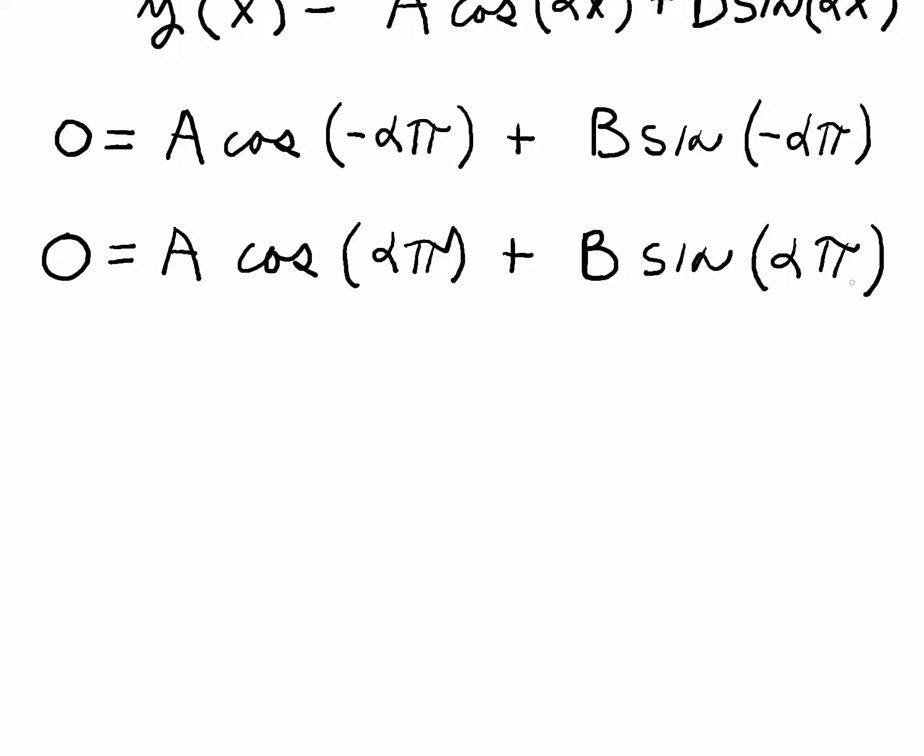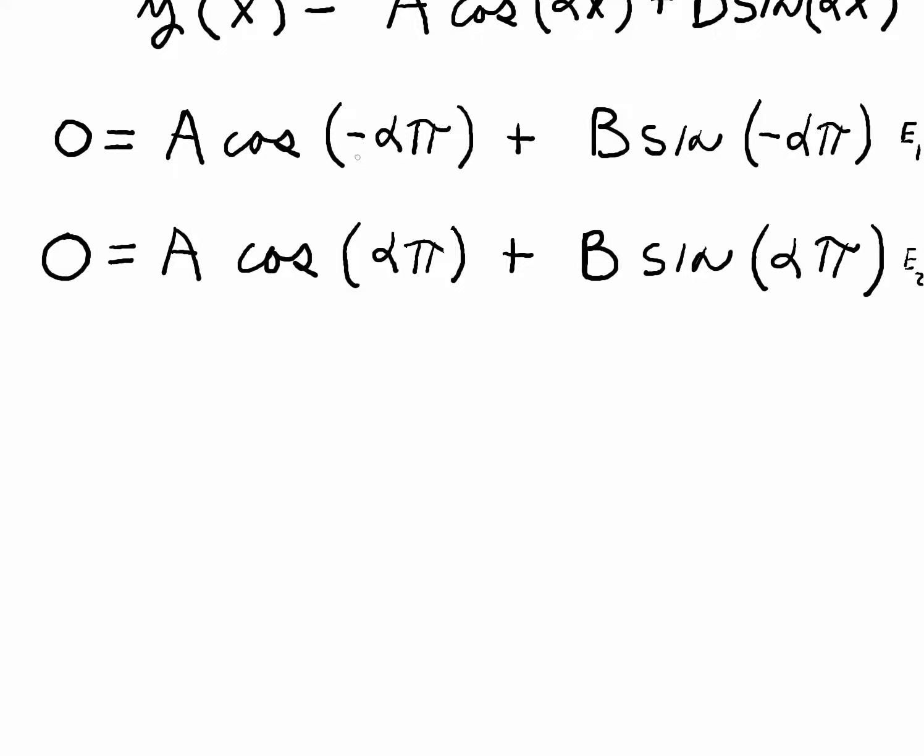Okay, so often in these situations, we need to use some properties of the trigonometric functions we're dealing with. So here, we have this equation, which I'll call equation E1, and then I have equation E2. We know that the cosine of minus alpha pi is the same as the cosine of alpha pi.